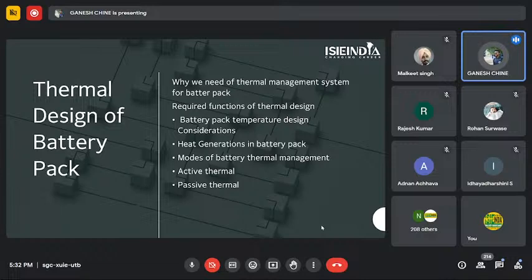High temperature regions are found in the cell. At that time the separator melts, and if the separator melts, short circuit and safety issues arise. That's why we require the optimum temperature. We also face problems of power and energy availability, safety, reliability, life cycle, and cost of the battery pack.